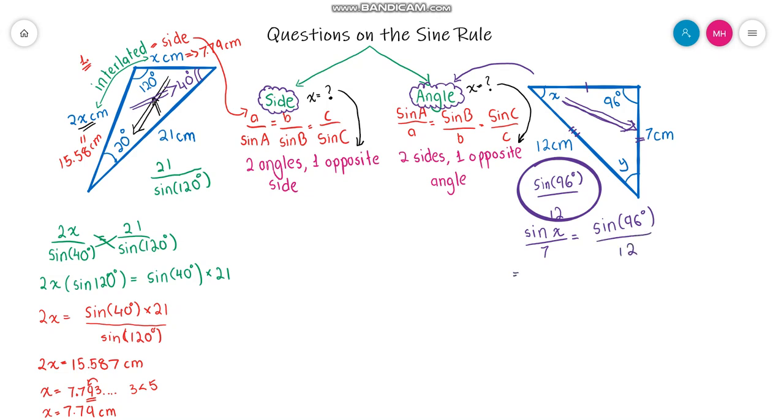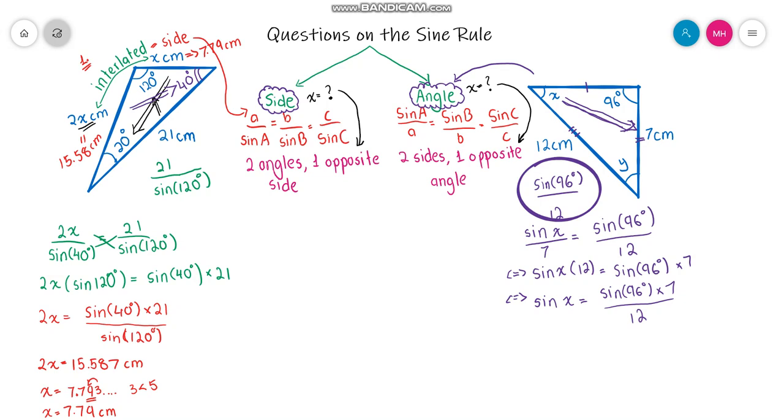Now when you solve, you will get sine of x multiplied by 12 is equal to sine of 96 multiplied by 7. Then you further simplify it by dividing each side by 12. We're trying to isolate sine of x, so sine of x is equal to sine of 96 degrees multiplied by 7 all over 12.